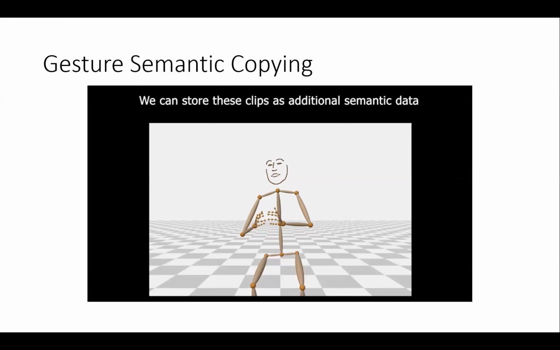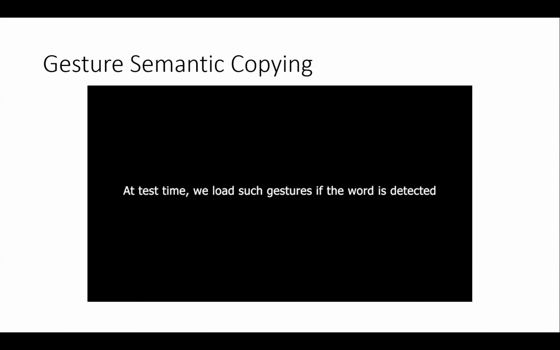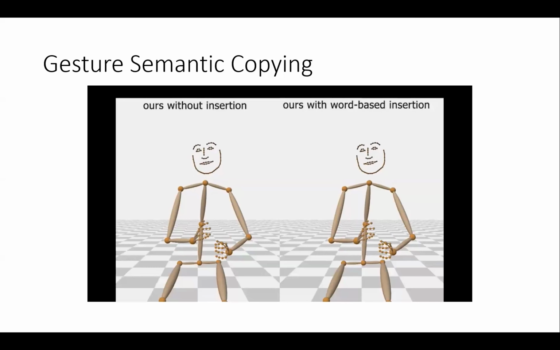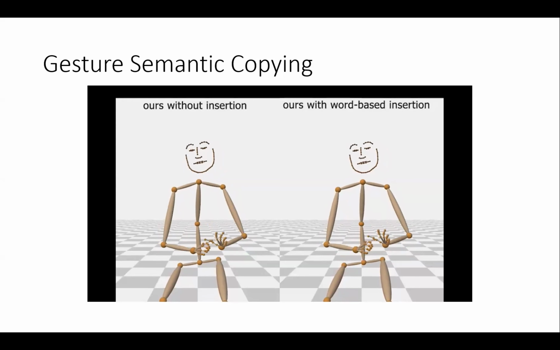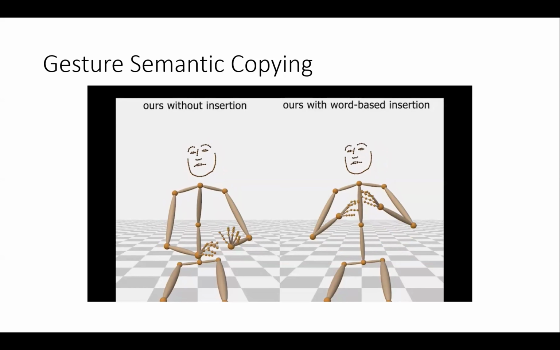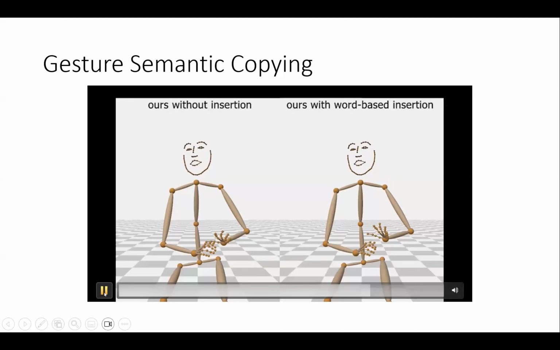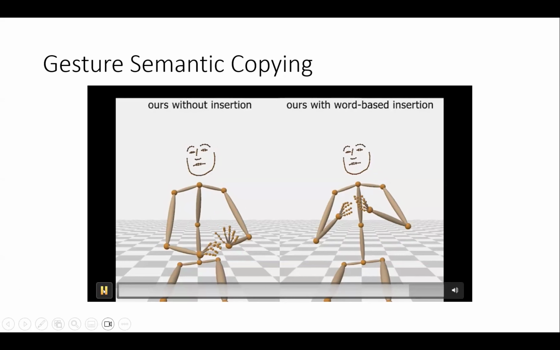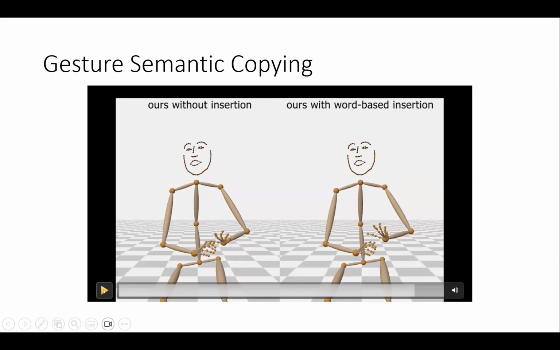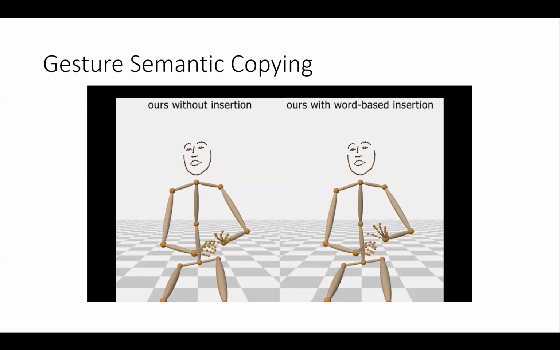So we can copy that and then put it into future sequences. So this is potentially a way to scale up semantics, right? You could introduce more of these labels, and then you could have a semantic layer of control on top.